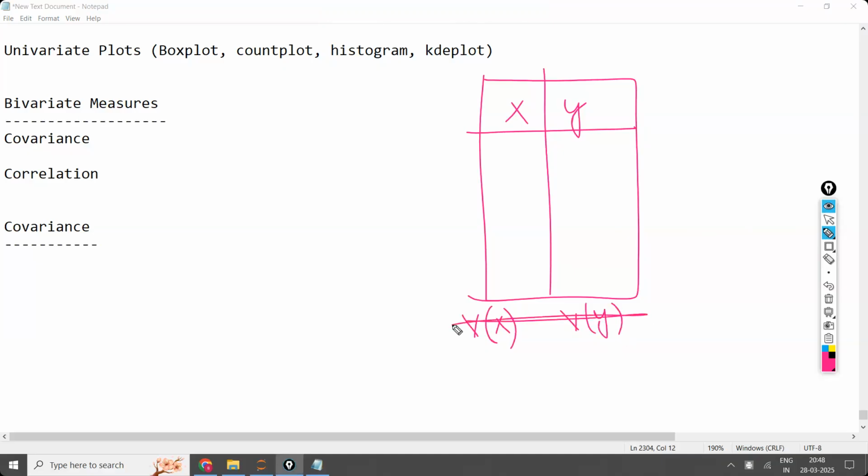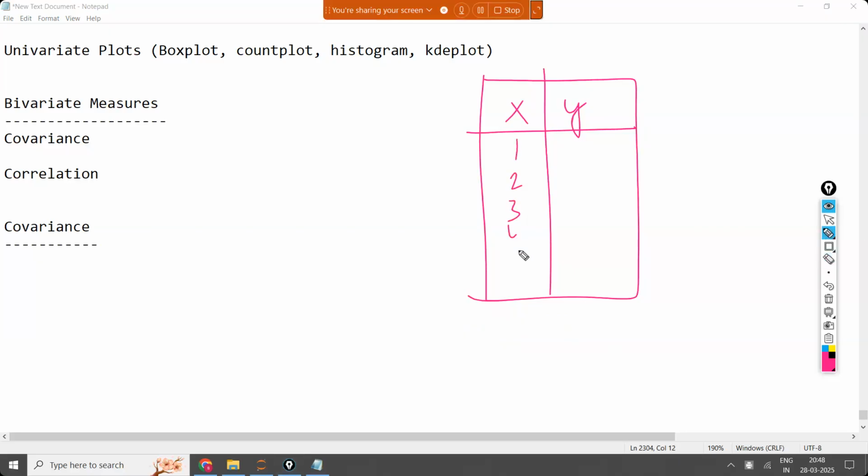Now let us see. Here I am going to take some numbers, 1, 2, 3, 4, 5, 6, 7, 8, 9, 10. Or instead of this, let's go with one more. Okay, done: 16, 17, 8, 9, 10. This is the data.